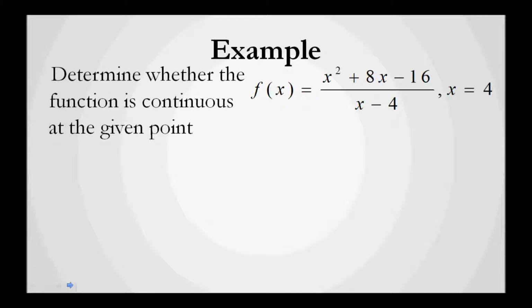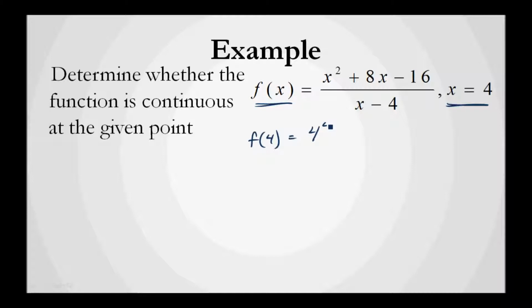Here's an example. Determine whether the function is continuous at the given point. So whether f of x is continuous at x equals 4. Let's try to determine this by plugging in 4 for x.